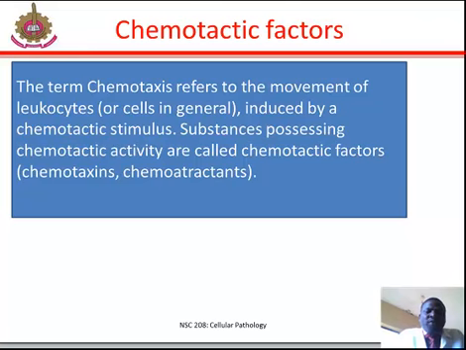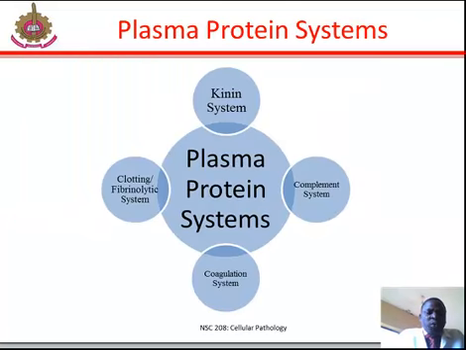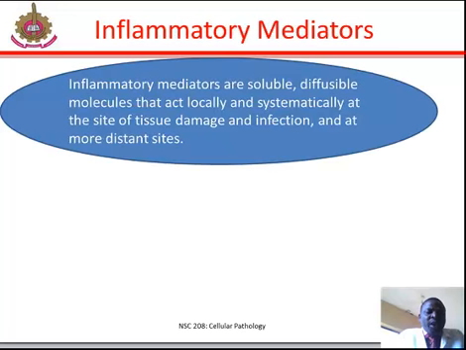So what we have discussed in this section is that we have recapped our knowledge of the inflammatory process, and we have talked of the inflammatory mediators, which we said some of them are derived from the invading microorganisms, while some are released by the damaged tissue, and some are generated by several plasma enzyme systems.